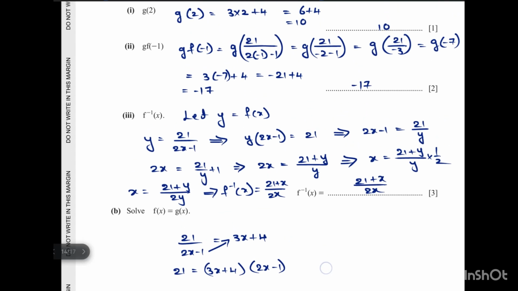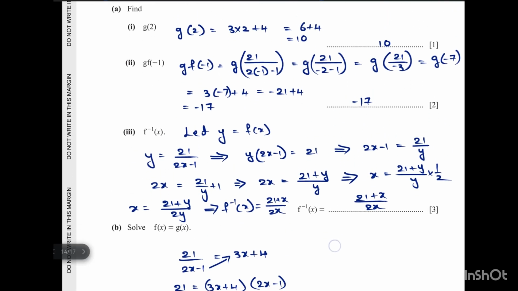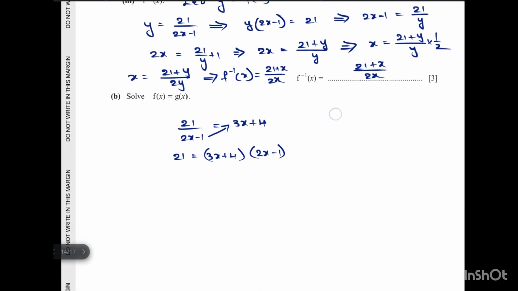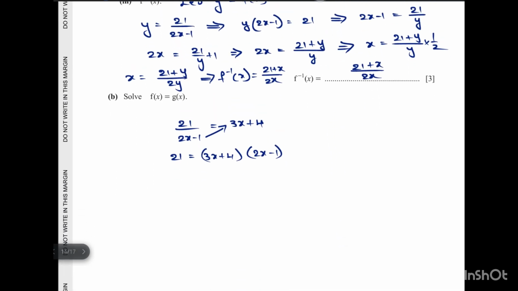Let me cross check everything again. g of x is 3x plus 4. f of x is 21 by 2x minus 1. Flip the equation. 3x plus 4 into 2x minus 1 is equal to 21.